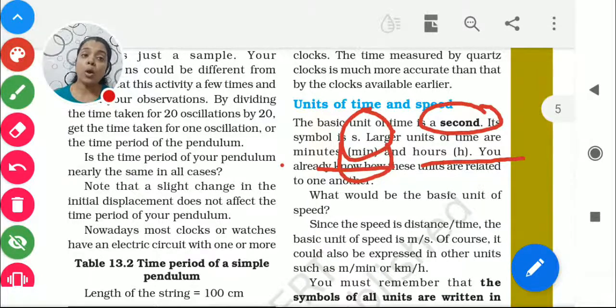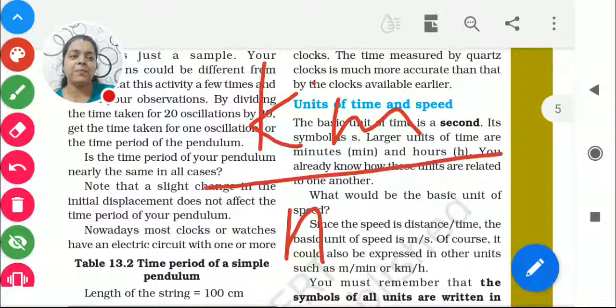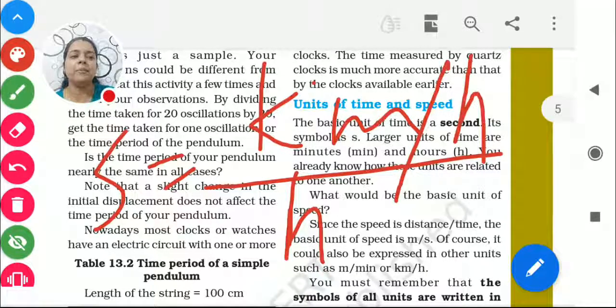Now, what is the unit of speed? How can we find it? Distance in kilometer and time in hour, and this gives the speed. So what is the unit of speed? Kilometer per hour, or meter per second.